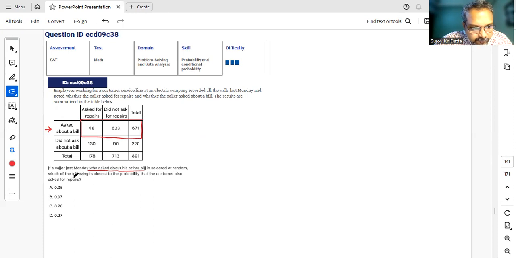What is closest to the probability that the customer also asked for repairs? Asked for repairs is 48, so that is the number we want. So your probability is 48 out of 671. Use a calculator for sure: 48 divided by 671 gives you 0.071. So that is option B.